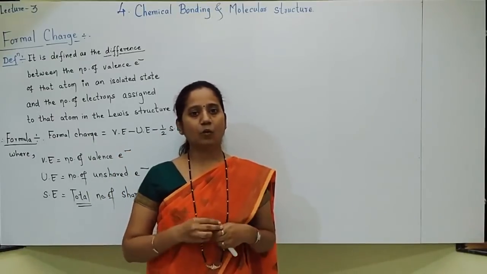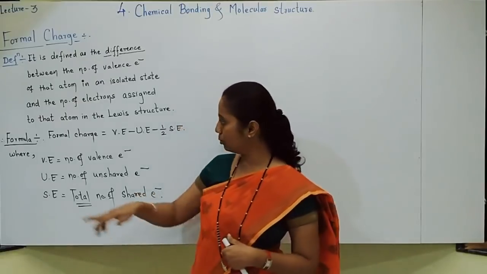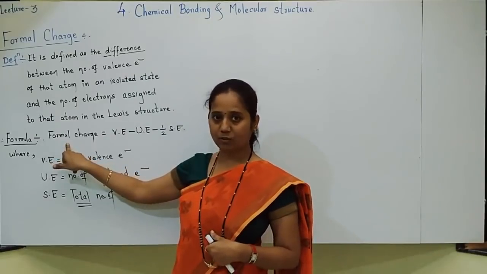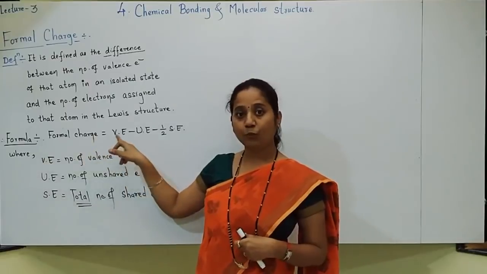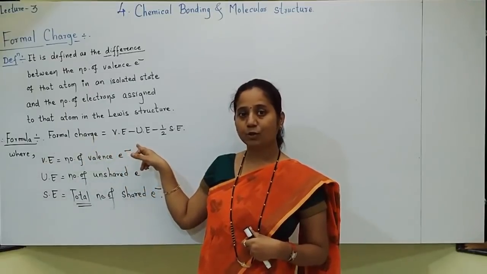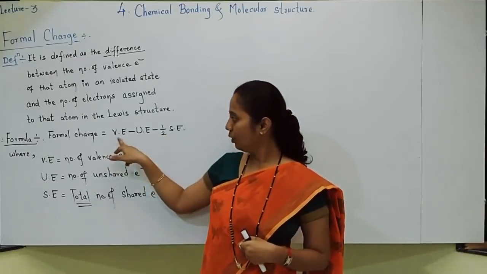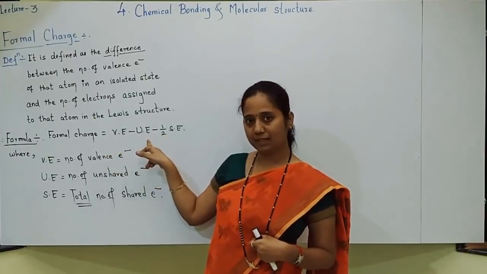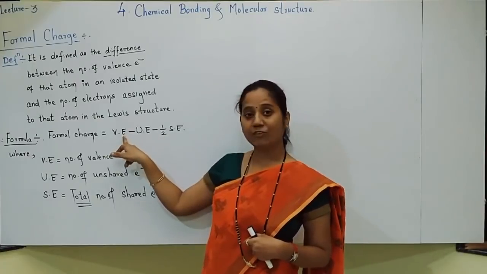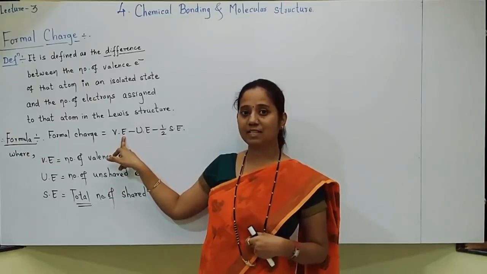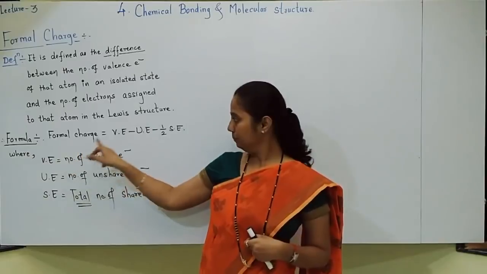Now how to find out formal charge, student? A very simple formula is there. Look to the board. Formal charge is equal to VE minus UE minus half SE. Students, what is VE? VE you already know, that is the number of valence electrons.